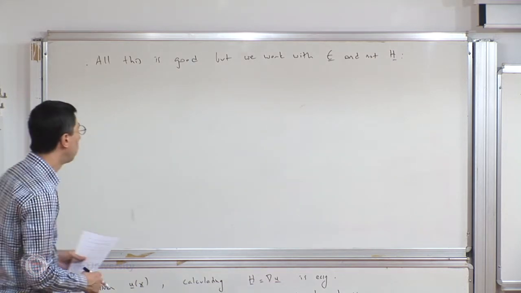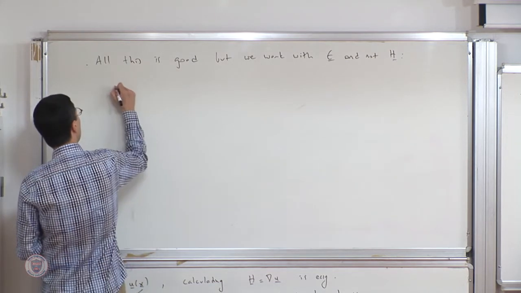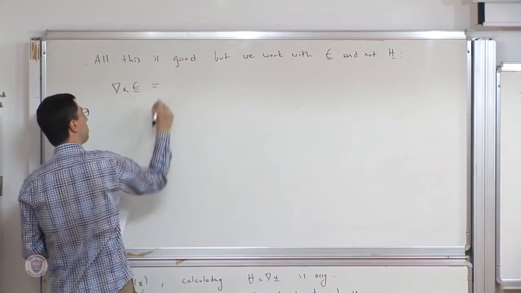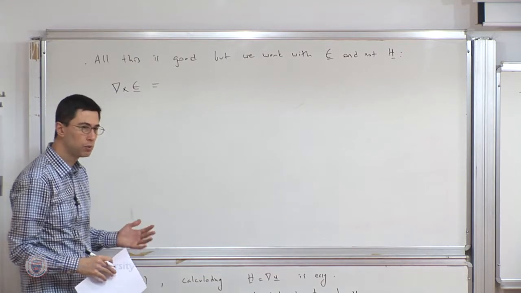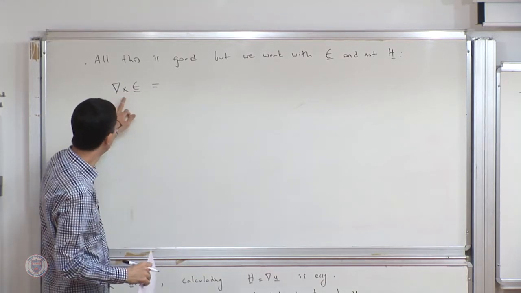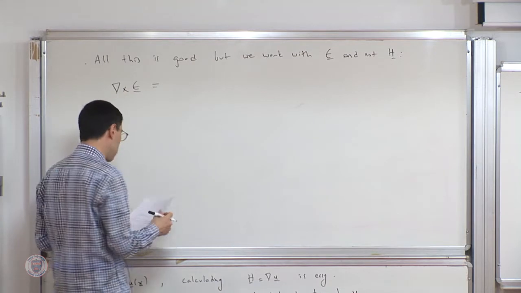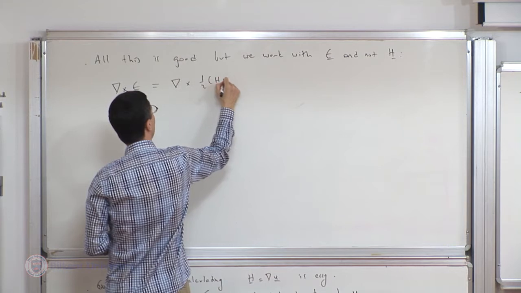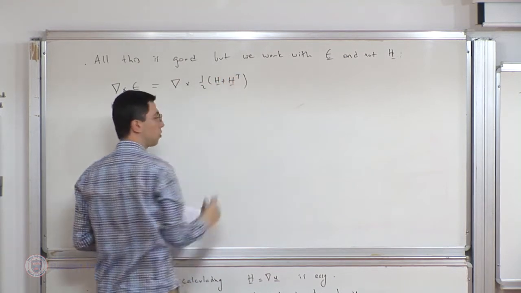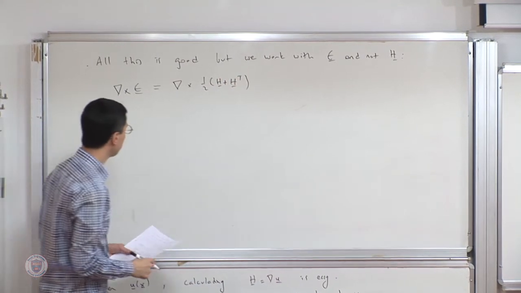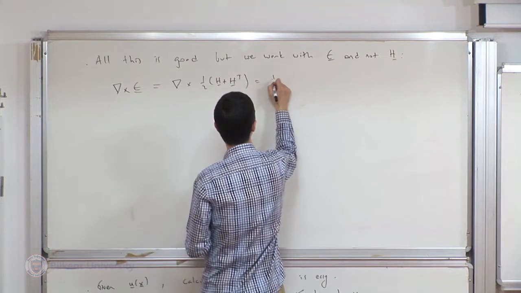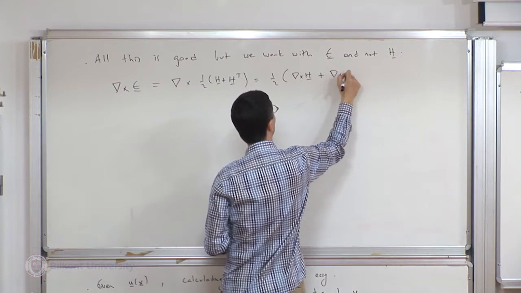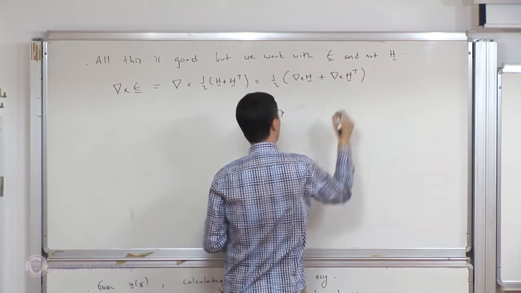And let me tell you now what the problem is. So now, by a similar argument, because curl of h is equal to 0, let me first try to calculate curl of epsilon, see what that gives us. So that's curl of 1/2 (H plus H transpose), and so that's equal to 1/2 (curl of H plus curl of H transpose).